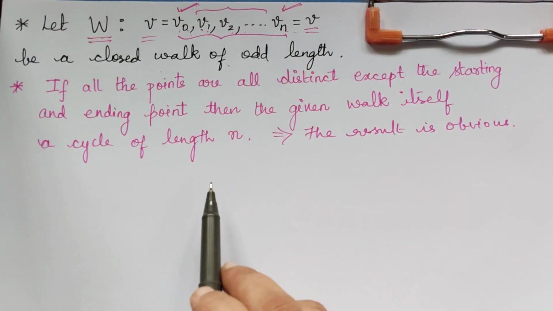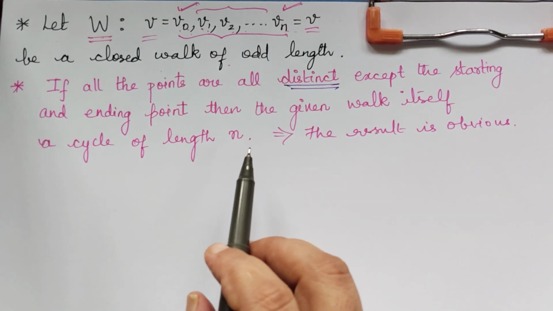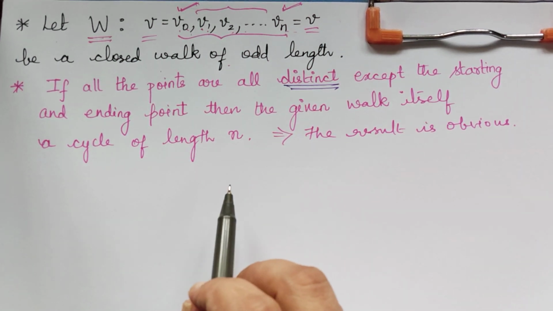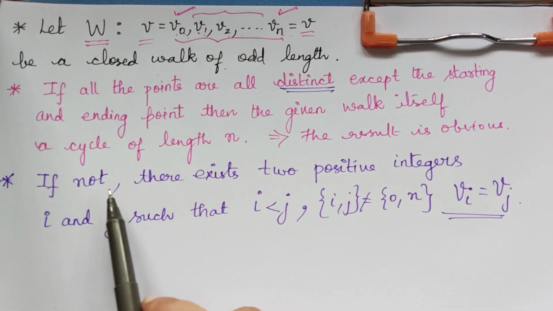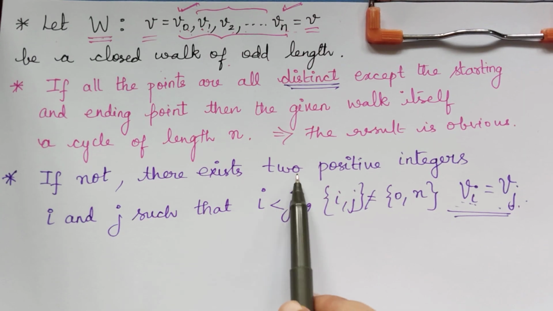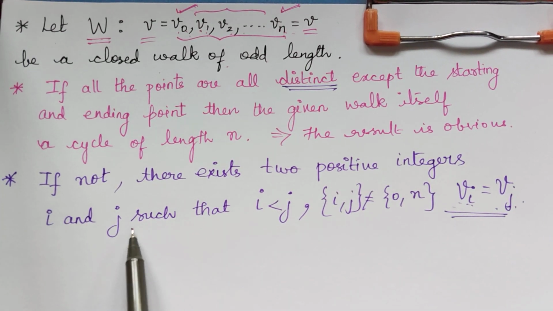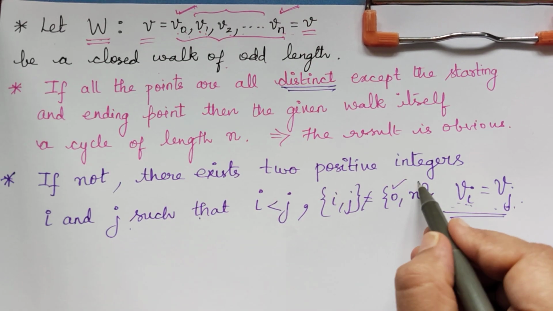Now we are going to take a case where all are not distinct. In that case, we have to prove that it contains a cycle. So let us do that. If they are not distinct, then there will be two vertices which will be equal to one another. So there exist two positive integers i and j such that i is lesser than j, and that will not be the initial and the terminal vertex.